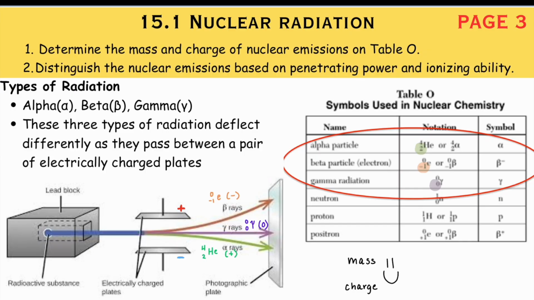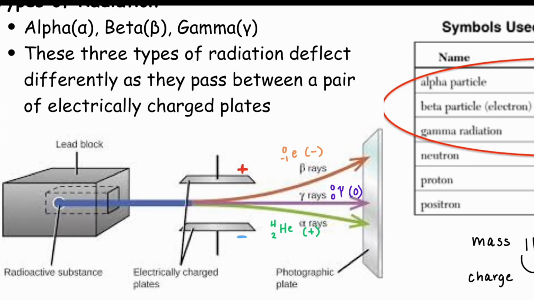Okay, so types of radiation. You have a table called Table O that shows the different kinds of particles and rays that you can possibly be asked about. However, the three main ones are alpha particles, beta particles, and gamma radiation. This picture over here is showing that if all of these different particles and rays were sent through an electrically charged plate, where the top plate is positively charged and the bottom plate is negatively charged, our beta rays would curve upwards towards the positively charged plate.